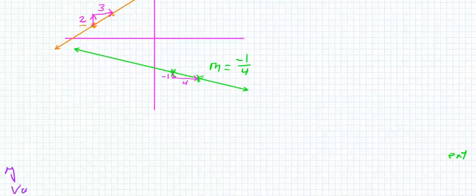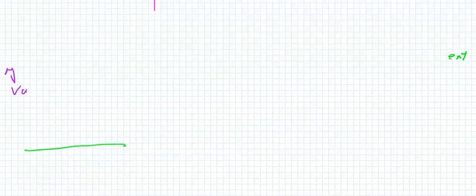The last thing that we're going to do is graph some lines. I want to graph 2x minus 3y equals 6.